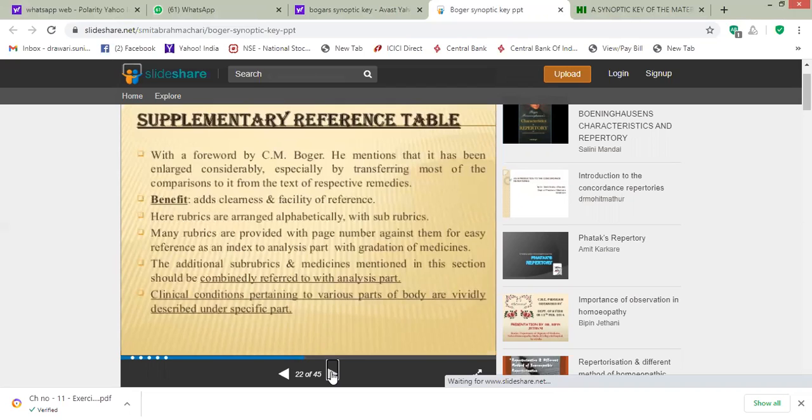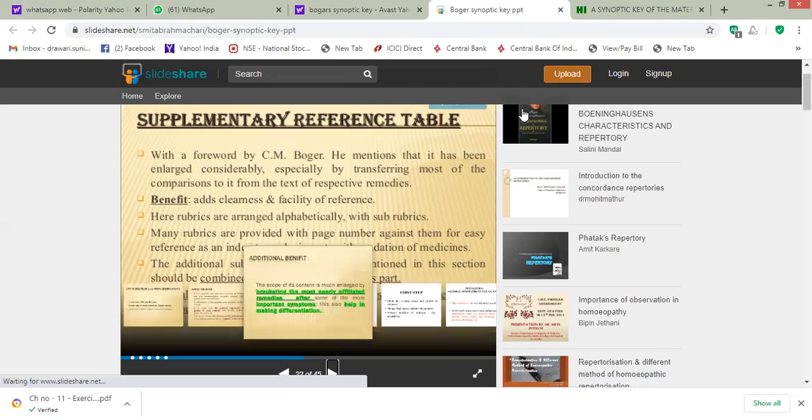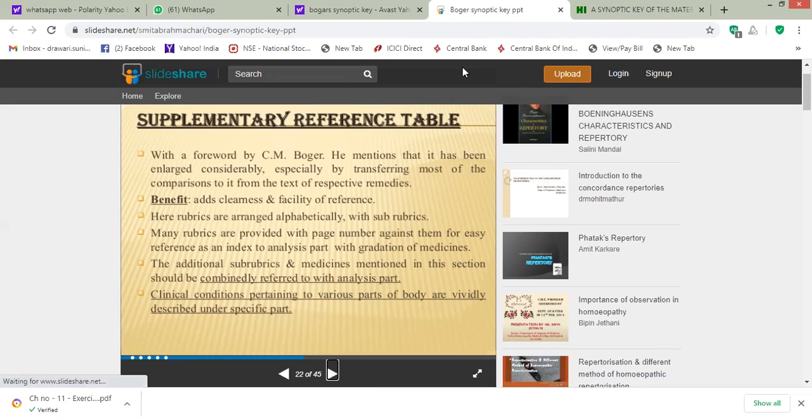Then the supplementary reference table with a foreword by C.M. Boger. He mentions that it has been enlarged considerably, especially by transferring most of the comparison to it from the text of respective remedies. The benefit of this supplementary reference table is that it adds clearness and facility of reference.